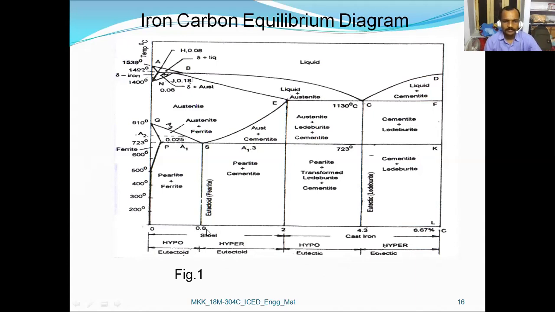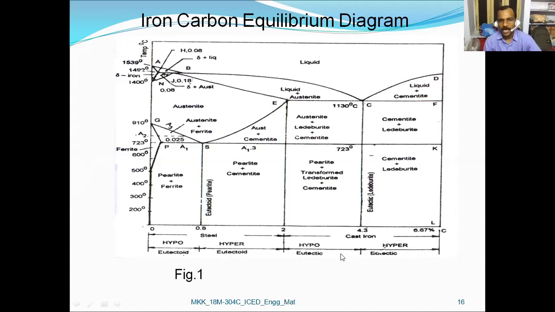If the carbon percentage increases from 0.8 to 2%, those steels are known as hypereutectoid steels. So 0 to 0.8% is hypoeutectoid steel and 0.8 to 2% carbon in iron is known as hypereutectoid steel.